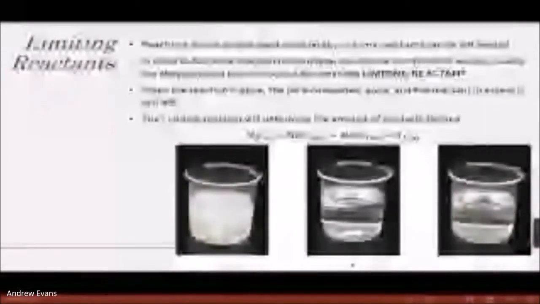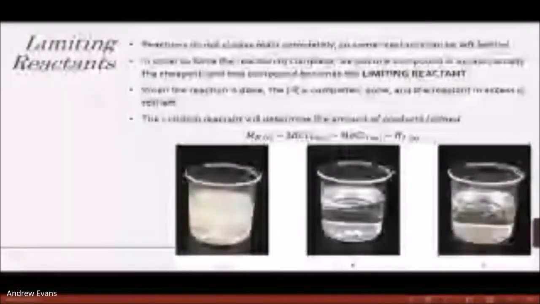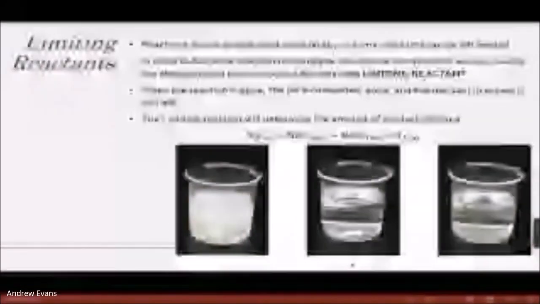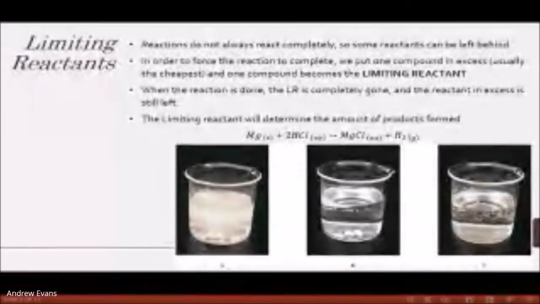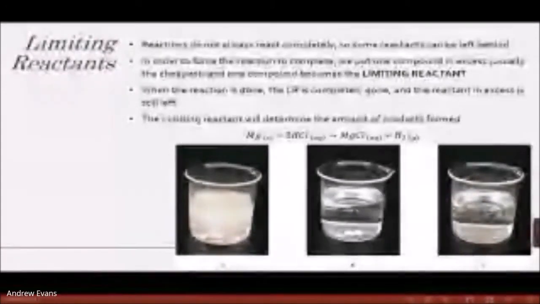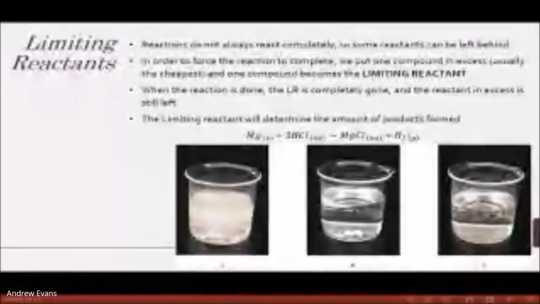In order to force the reaction to as much completion as we can achieve, oftentimes one compound will be put in excess. Usually it's going to be the cheapest. The other compound is consumed. When the one compound is fully consumed, the reaction must then stop. Thus, we have the limiting reactant.